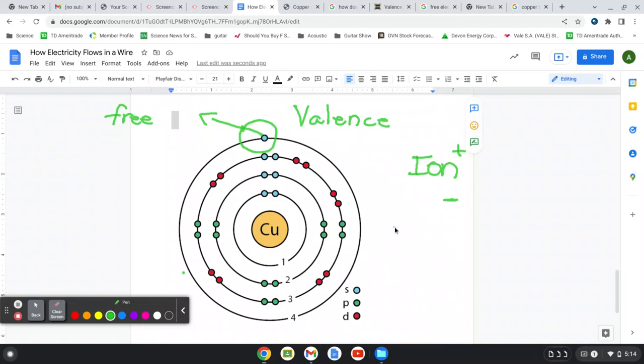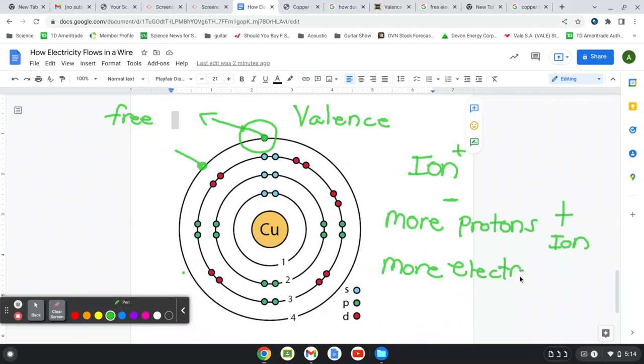A positive ion means it has more protons, because protons are positive. And if it had more electrons, let's say another electron joined, then it'll have more electrons. More electrons would be a negative ion. Right? And there are other videos on ions. So that's briefly what ions are.